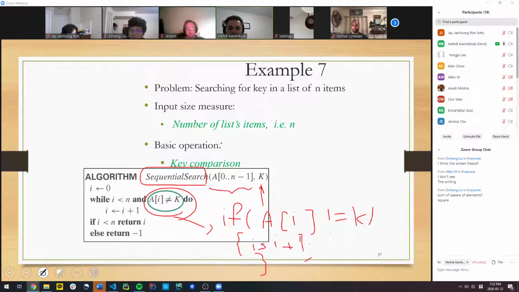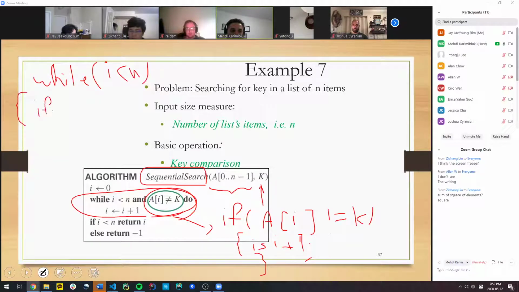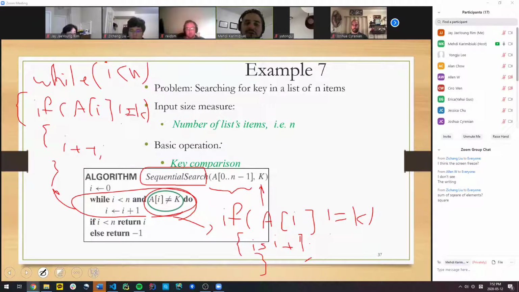So essentially this while loop is: while i is less than n, if A[i] is not equal to k, i plus plus. That's essentially what's happening in this while loop, and that's why we say the basic operation is that if statement.